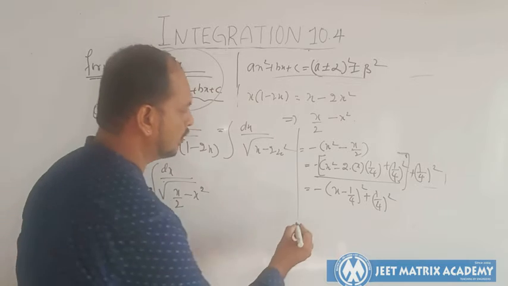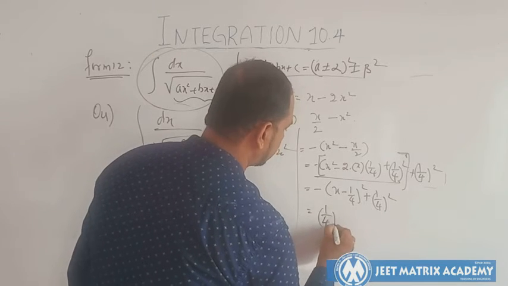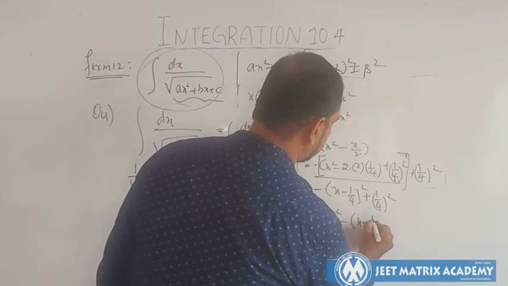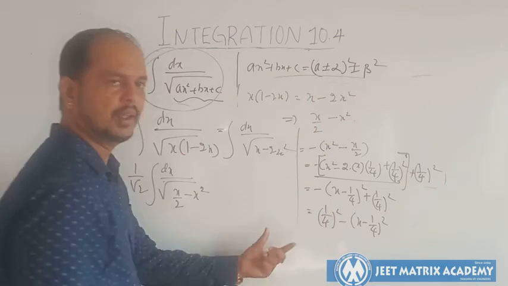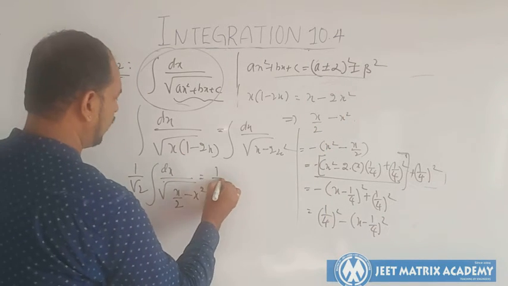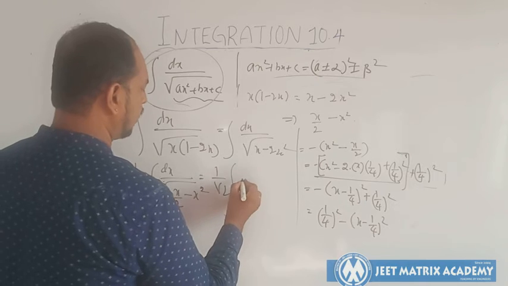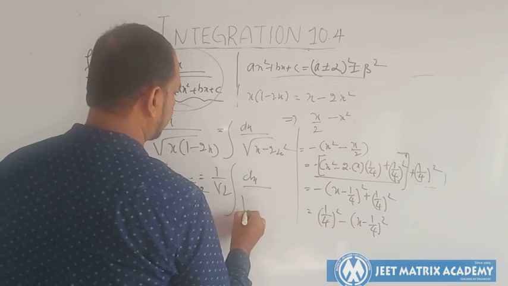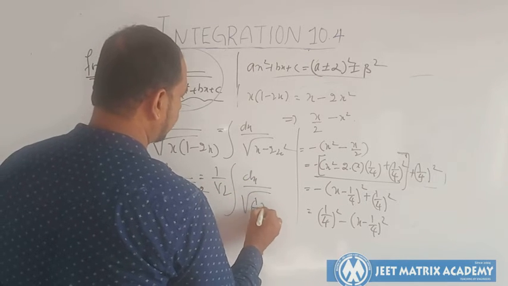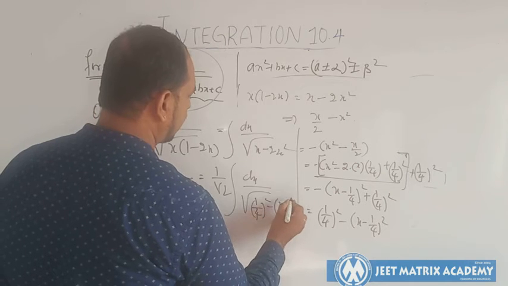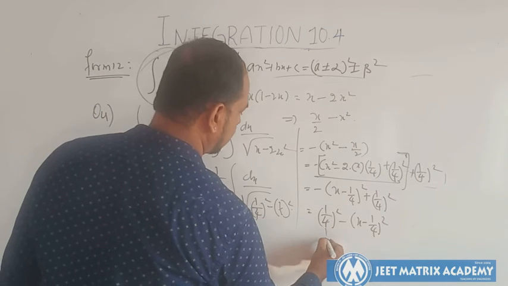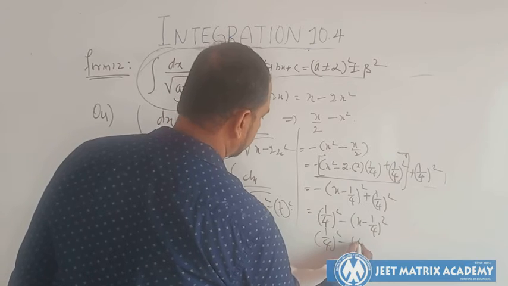So this I can write as 1 by 4 square minus x minus 1 by 4 whole square. So the result is 1 by root 2 integration of dx by root of 1 by 4 whole square minus t square. Substitute this as t.